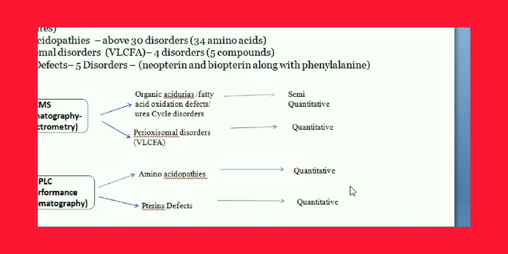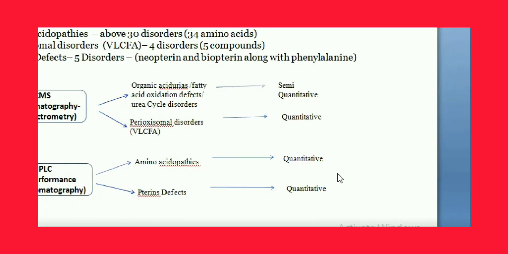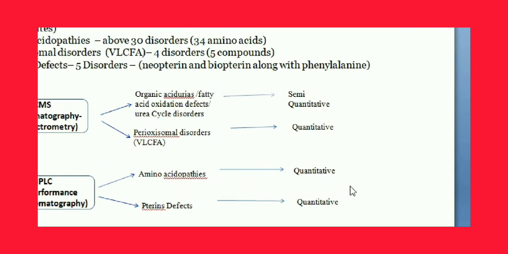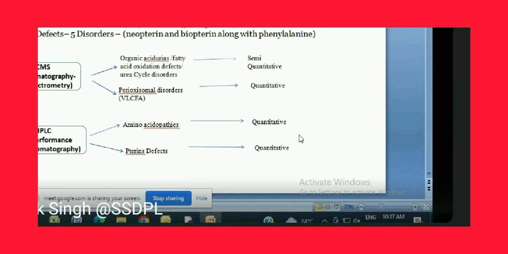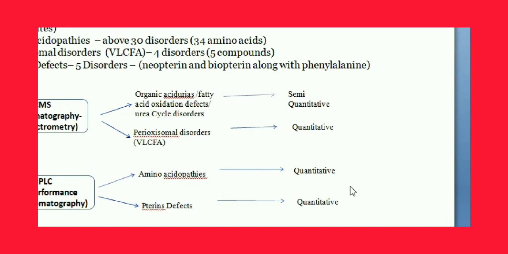There are situations in our own lab where the clinical exome report was giving a VUS, dropping the doctor into confusion whether to consider it pathogenic or non-pathogenic. But this metabolomic analysis would reveal directly whether it's positive or negative, whether you have to consider it as a disorder or you can leave it as normal.